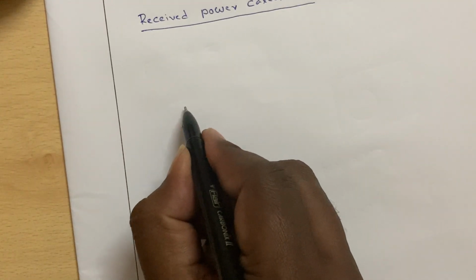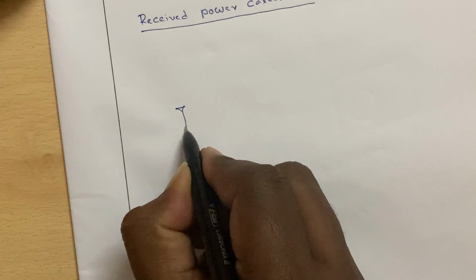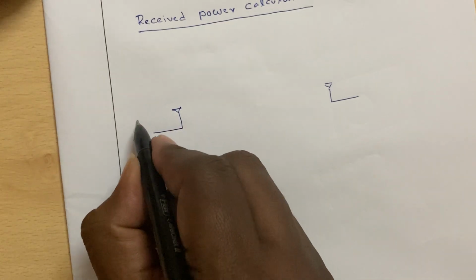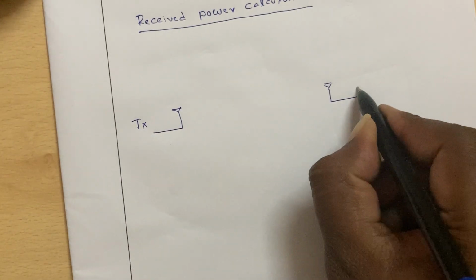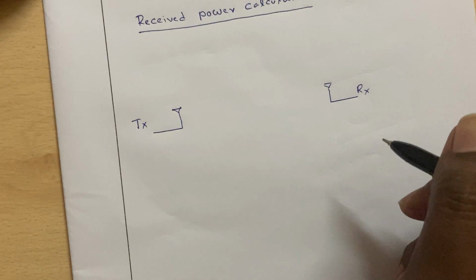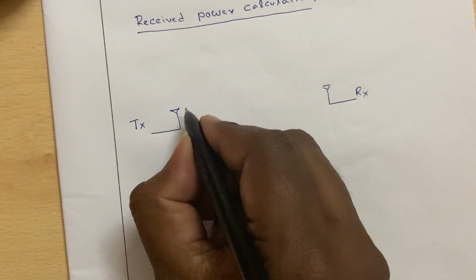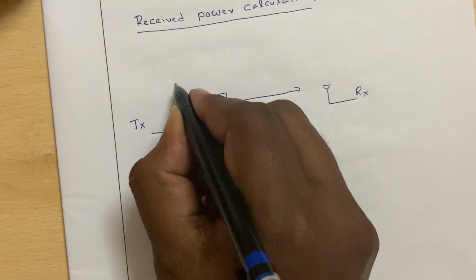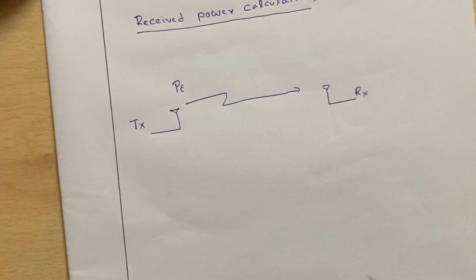So there will be a transmitting end and a receiving end. This is the transmitter and this is the receiver. It transmits with a power of, say, PT.